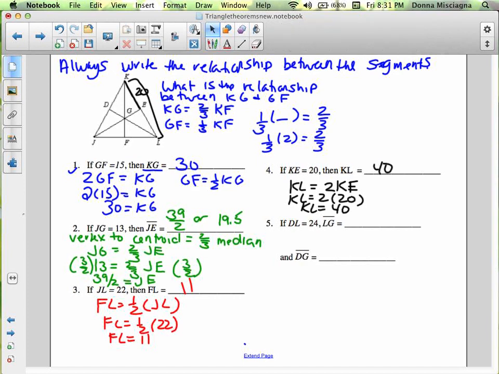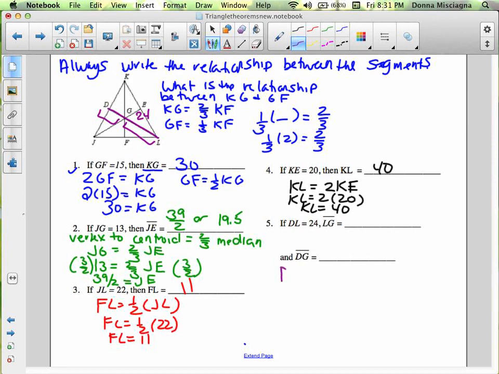We want to solve for the last one, and that is, purple this time. DL is 24, and we want to know LG and DG. I think solving for DG is easier, so let's solve for DG first.